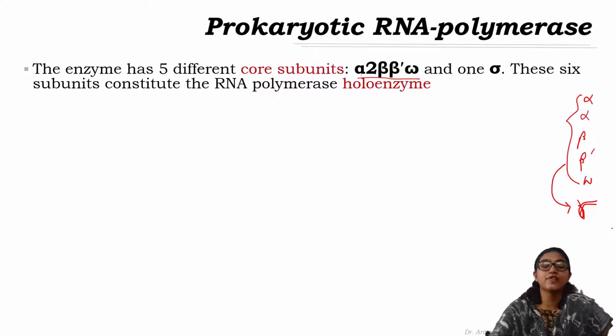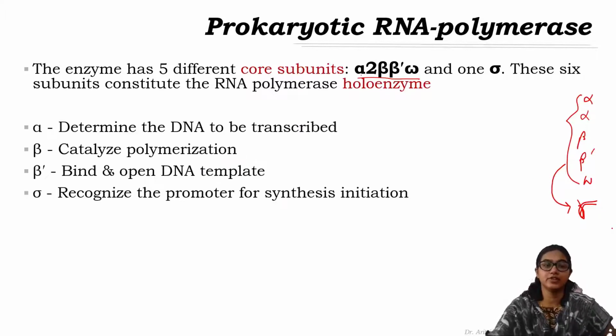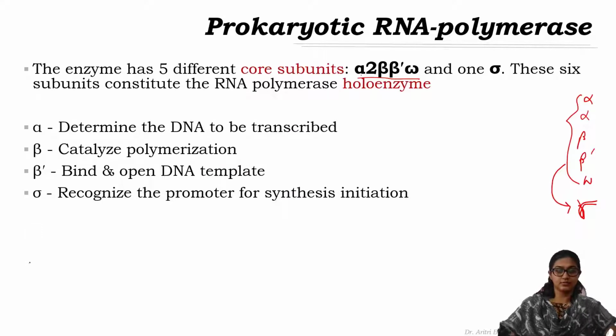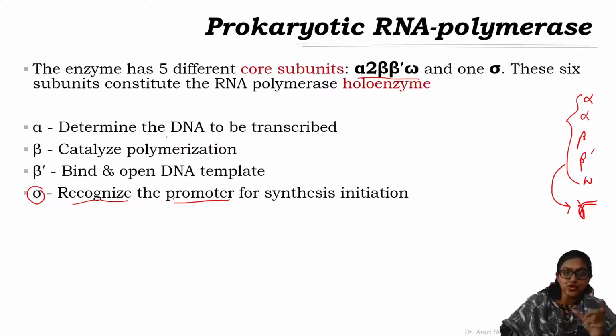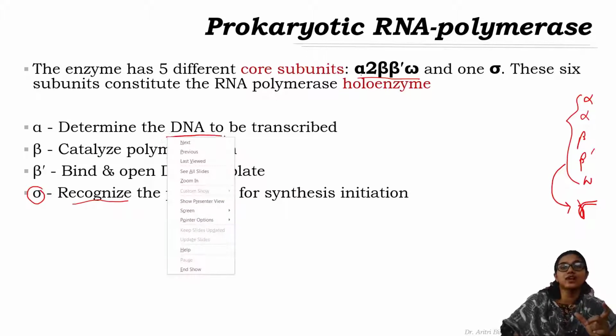Now let's see the different functions of the different subunits. The sigma subunit recognizes the promoter site, the site where the initiation will be started. The alpha subunit determines the portion of the DNA which is to be transcribed.